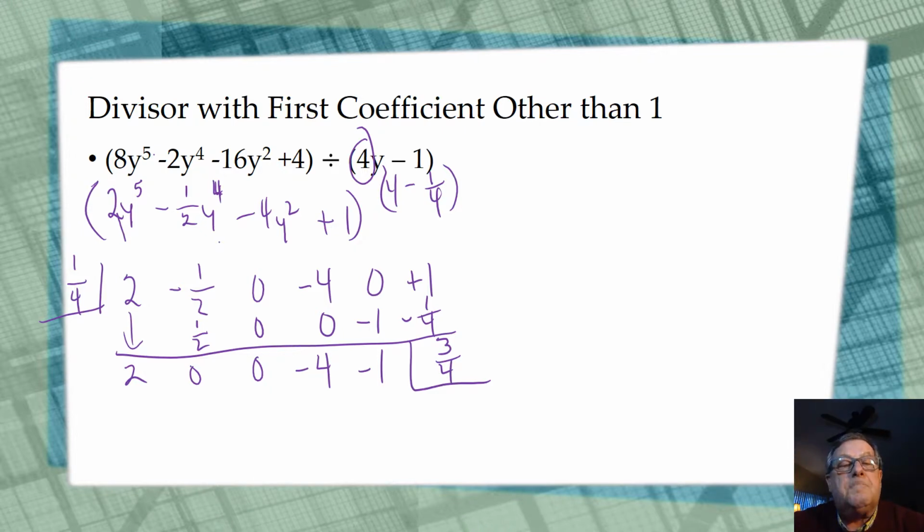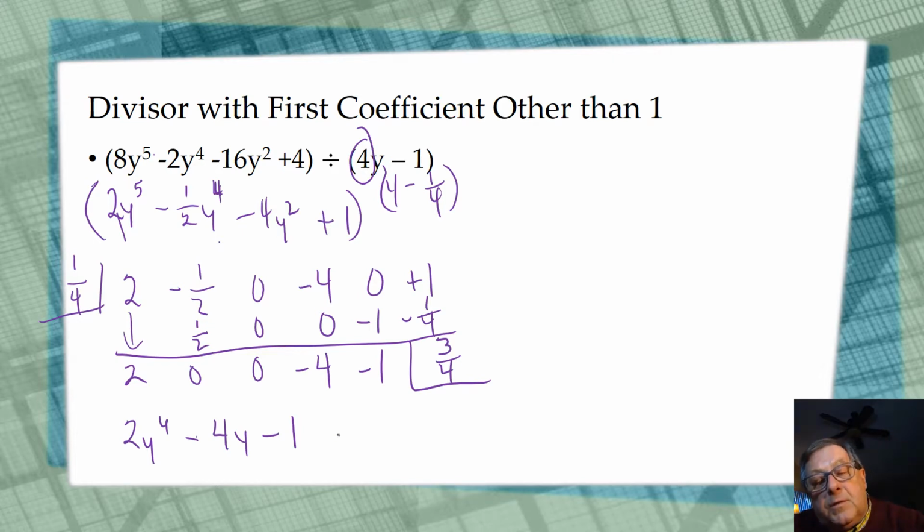All right. Now we're going to write our depressed polynomial. And so let's see, we got 2y to the 4th, 0y cubed, 0y squared, minus 4y minus 1.